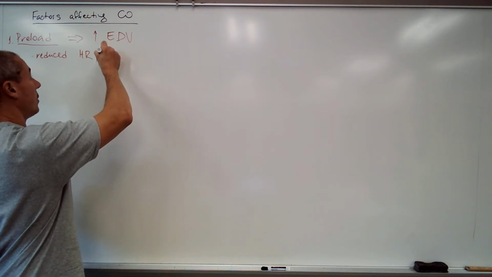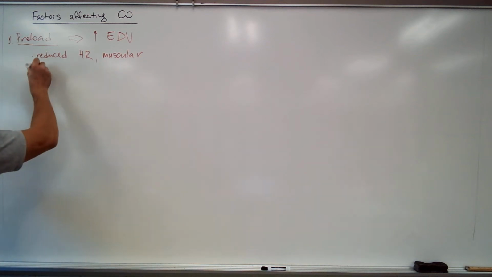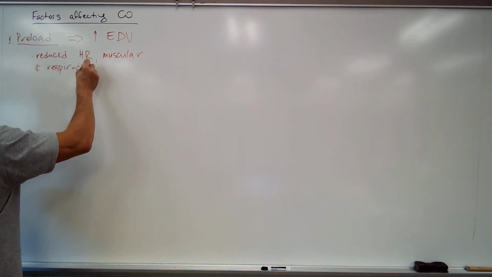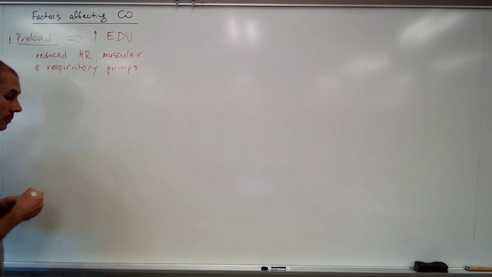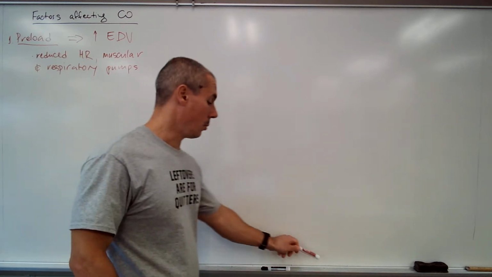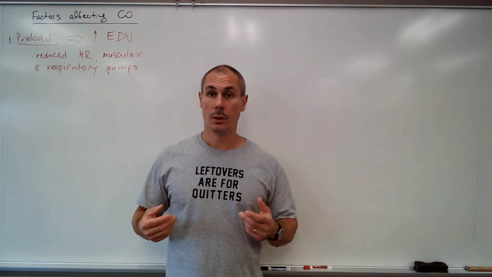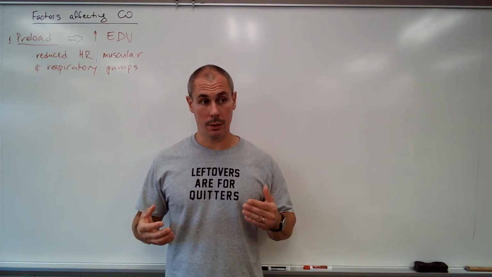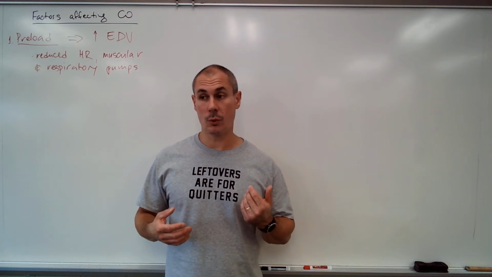And then you have muscular and respiratory pumps. So what are those? If you think about it, blood is returned from the systemic circuit into the heart through which blood vessels?